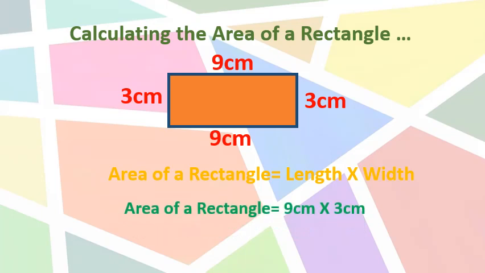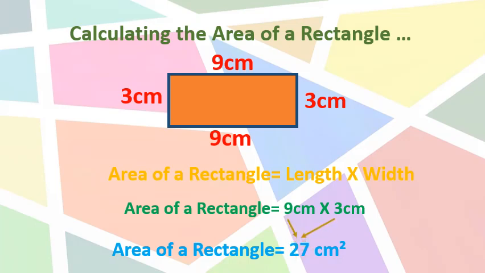So area of rectangle equals 9 centimeters times 3 centimeters. So area of rectangle is 27 centimeters squared. From where did we get the 27? It's 9 times 3. From where did we get centimeter squared? It's centimeter times centimeter. Again, this small 2 that you can see, we're going to read it squared.